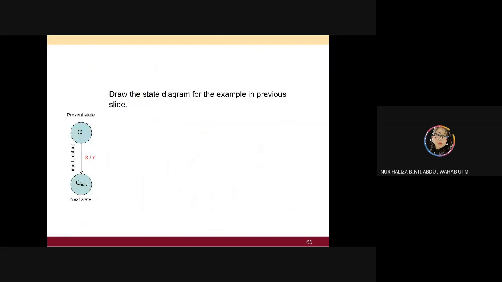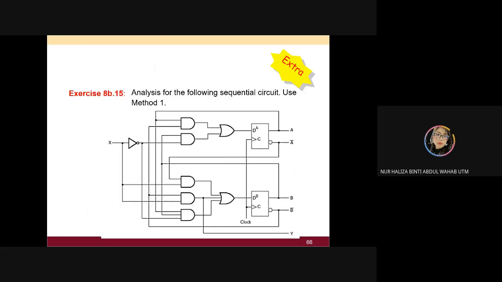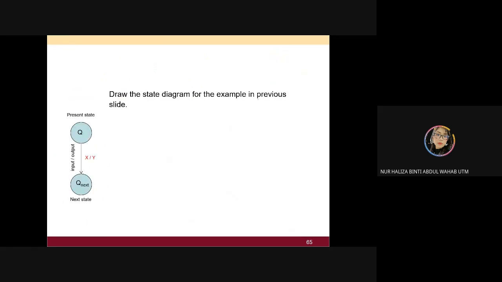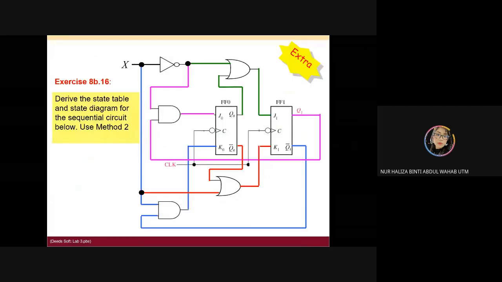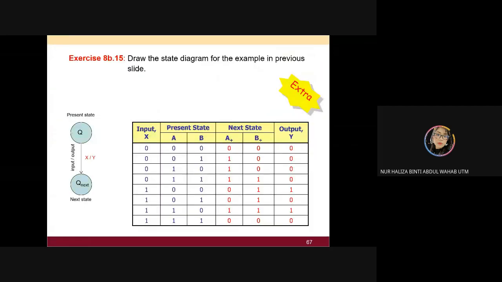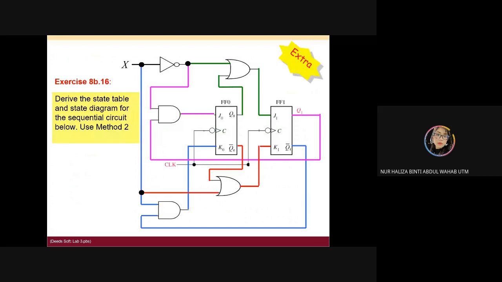So you can draw the state diagram, which is the example in the previous slide. It's similar. So there are 2 exercises you can try: Exercise 8.15 and 8.16. You can try to do it to come out with your 4 steps there.